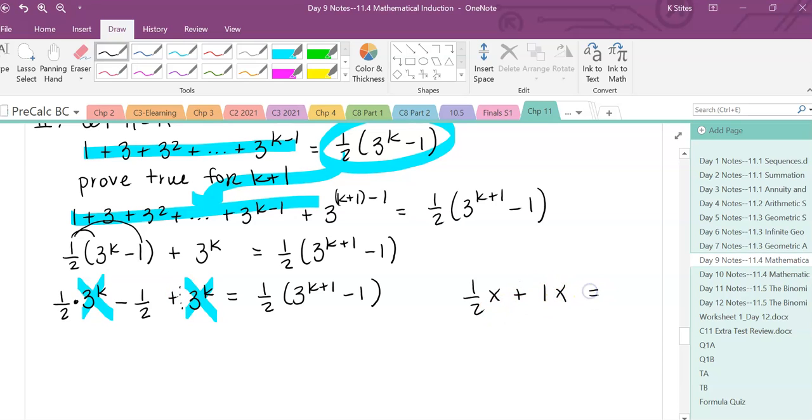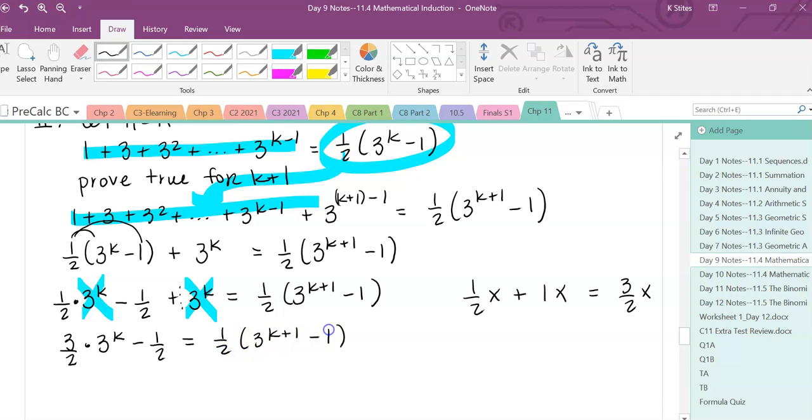These are like terms, so I can combine them. 1/2 x plus 1x is 3/2 x. So I'm going to do the exact same thing here. My x in this case is 3 to the k. So 1/2 3 to the k plus 1 3 to the k is 3/2 3 to the k minus 1/2. Okay, yes, you can do that.